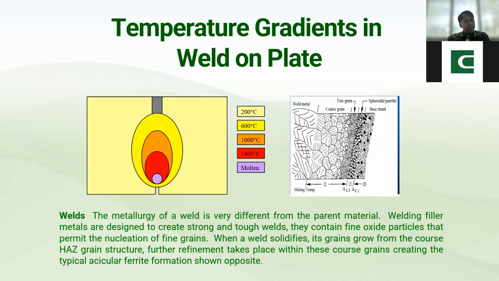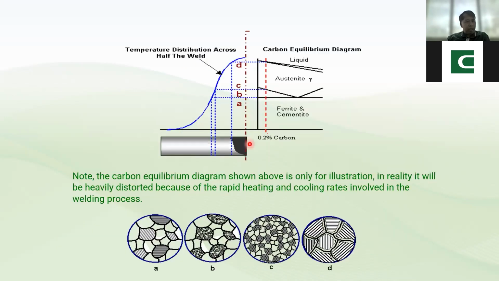So, if this is our welding, the highest temperature, umabot siya sa liquid stage, while this one on letter C, umabot lang siya sa boundary ng A3 stage, which means solid liquid. And the letter B is up to A1 stage, which means up to 723.